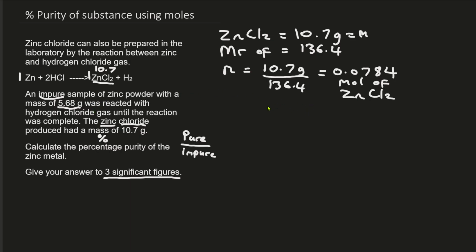So there's a 1-to-1 ratio here between zinc and zinc chloride. So that means that if I've got 0.0784 moles of zinc chloride, I've also got the same for my zinc, which is going to be 0.0784.